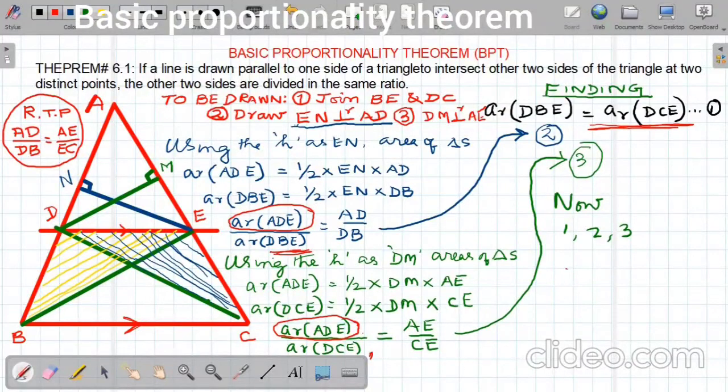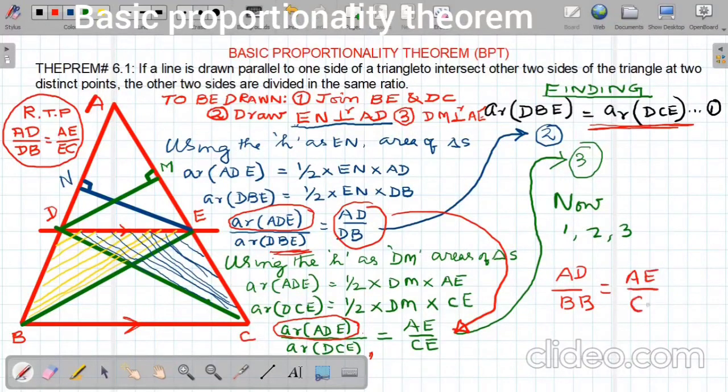Therefore, AD by DB is equal to AE by EC. This is what we wanted: AD by DB and AE by EC are the same. So this is what was required to be proved.